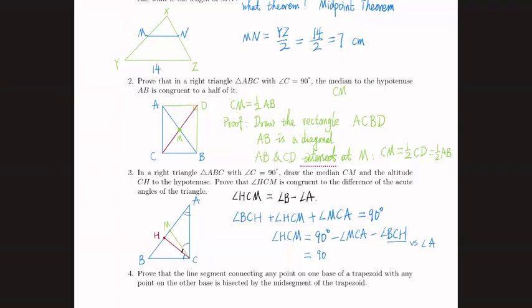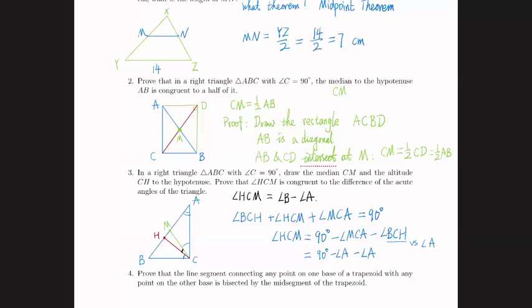So it's 90 minus angle A minus angle A. Now 90 minus angle A. Amy, what's this angle? 90 minus angle A equals angle BCM.